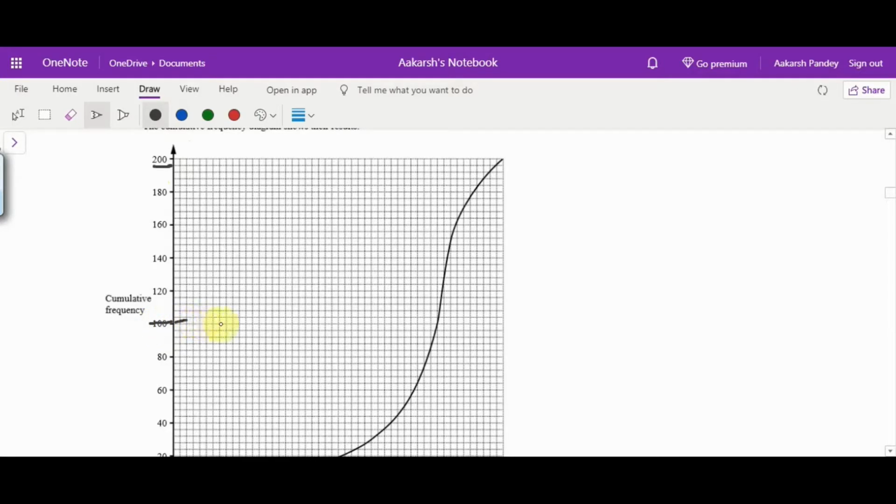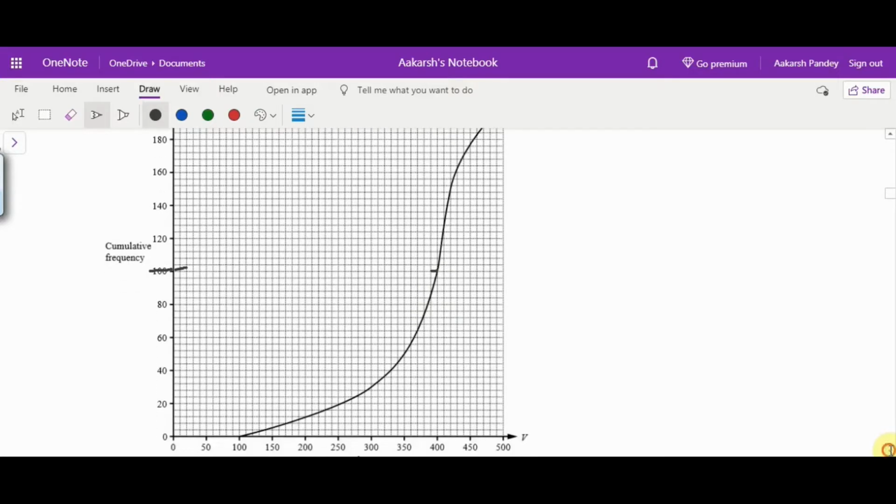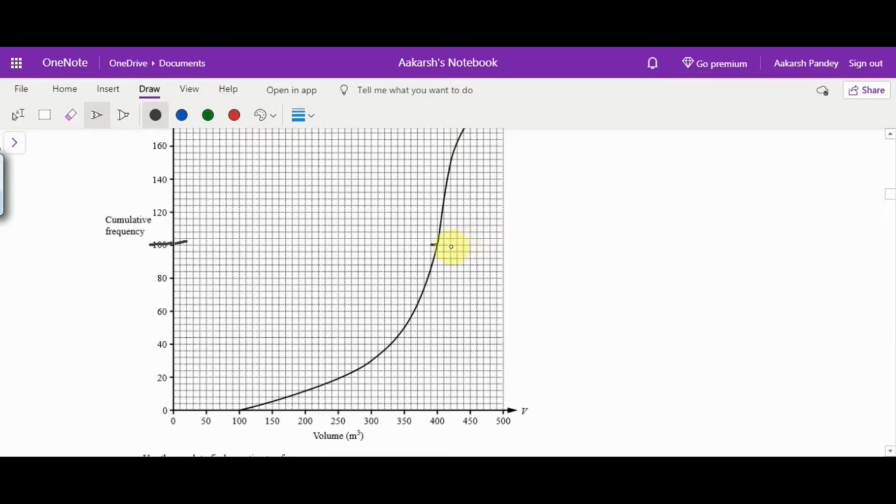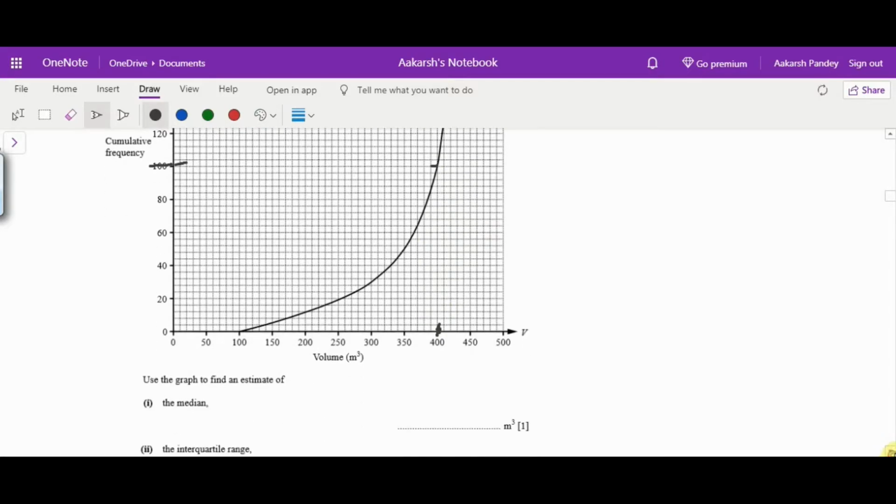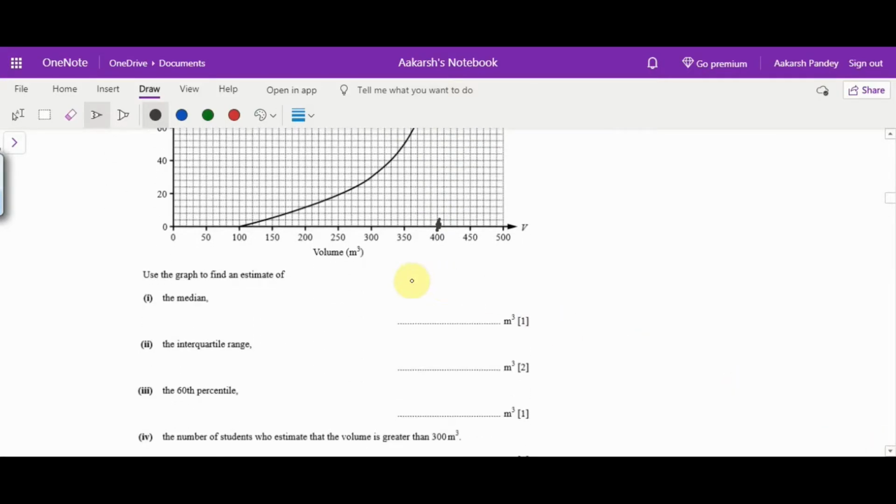So I'll just draw a line going till here, which is somewhere here, and that data I'll just find it here. So I get my median to be 400 meter cube.